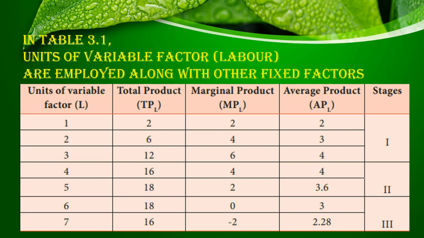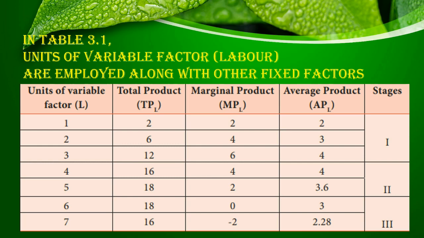The total product increases from 2, 6, 12, 16, 18, and after a certain point it remains constant, 18 and 18, and finally it diminishes, 18 to 16.